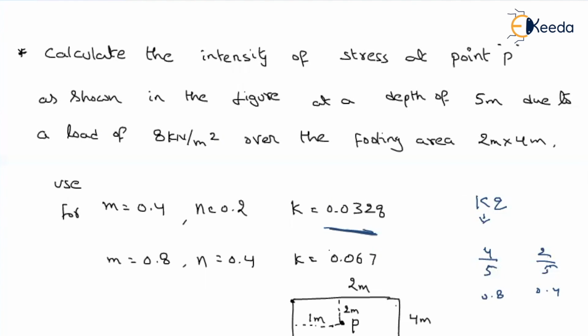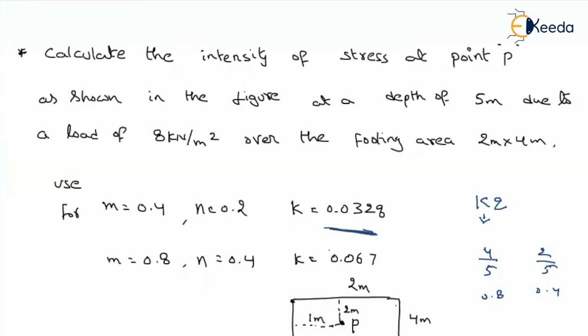No. Why? Because if it is a rectangular loaded area, by using K into q you can find the stress only under any one corner. If they give a point under any one corner, that's what we'll do. But before solving the problem, we have to see where they're asking us to find. They are not asking us to find at the corner. They are asking in between.